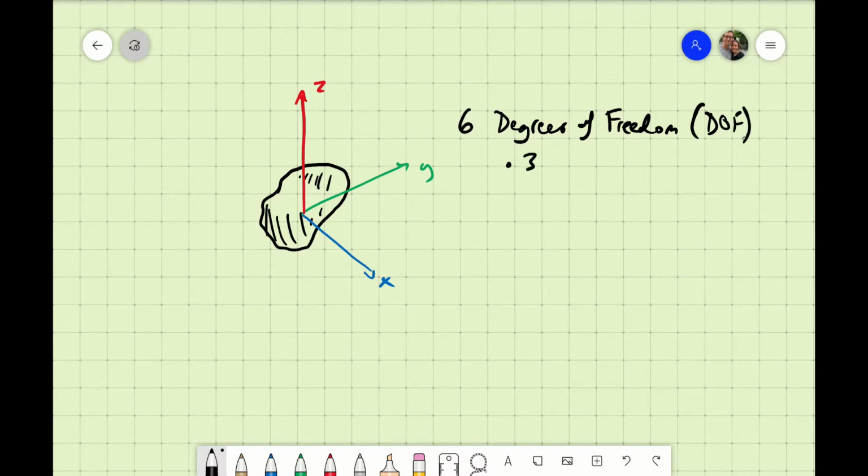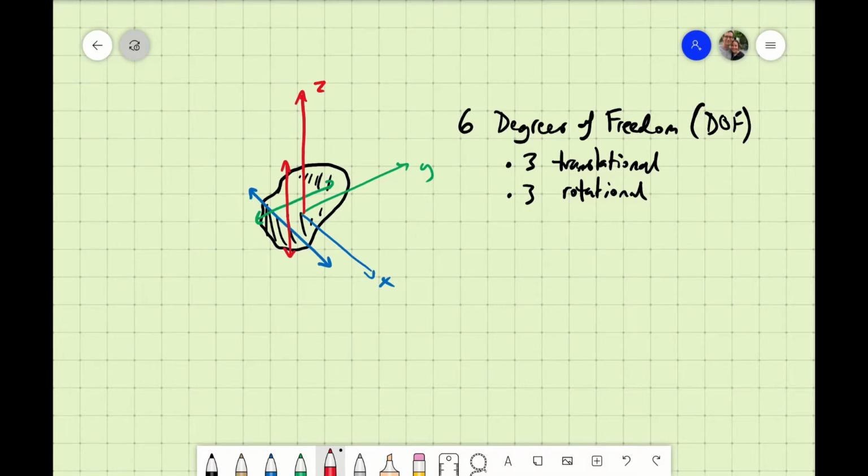Okay, so we just said that there are 3 translational, which means sliding. That's geometry language for sliding, and 3 rotational. Okay, so you can slide that way back and forth. You can slide that way back and forth. You can slide up and down back and forth. Those are our 3 translational.